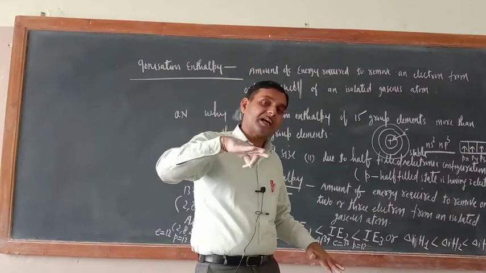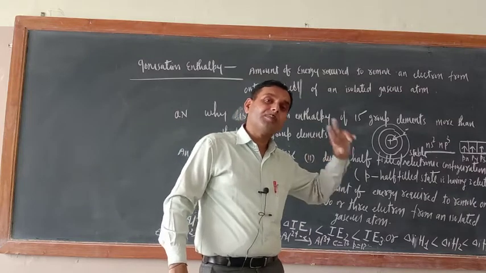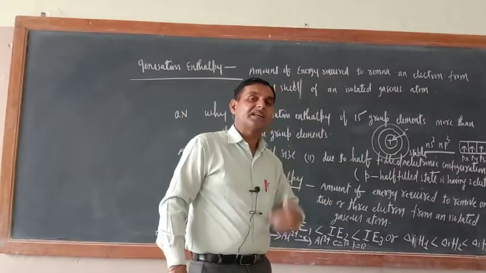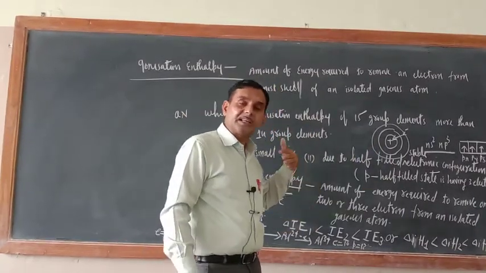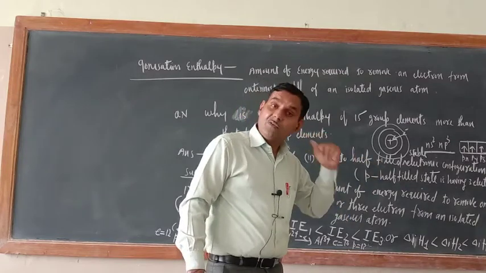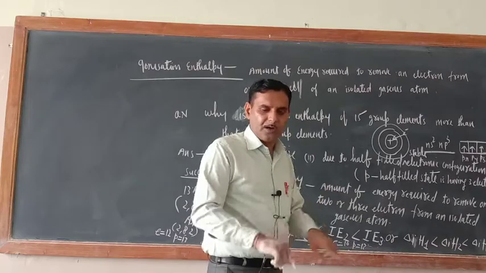When nuclear charge is more, size will be small, and you have to give more energy to remove an electron further. That is why successive ionization enthalpy value increases with the removal of 1 electron in each step. Okay, I hope that you have got it.